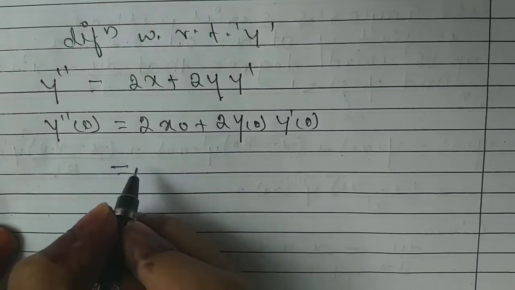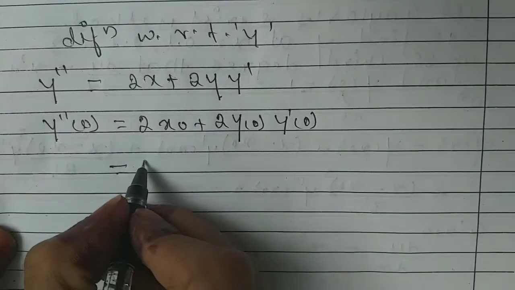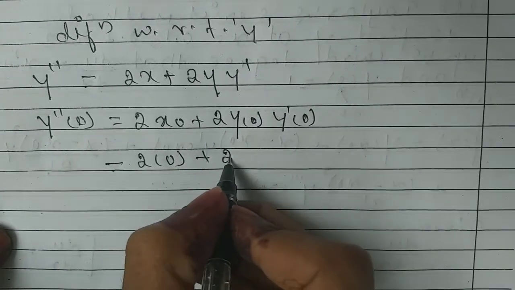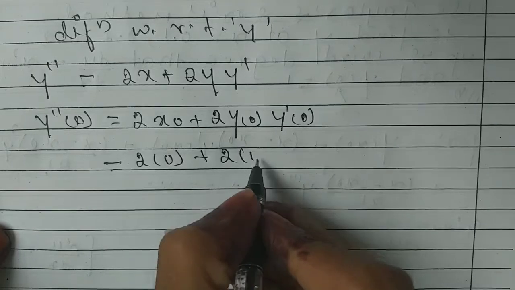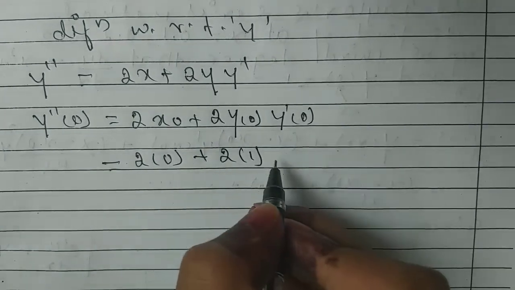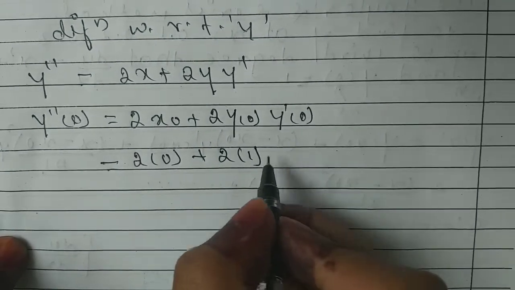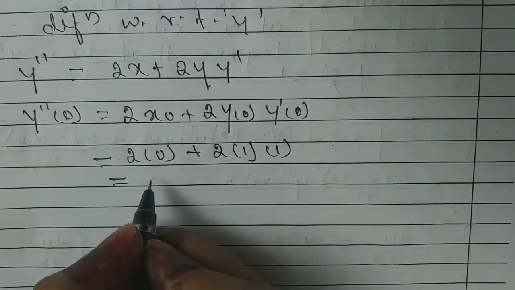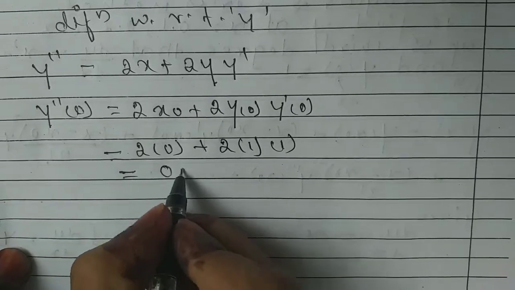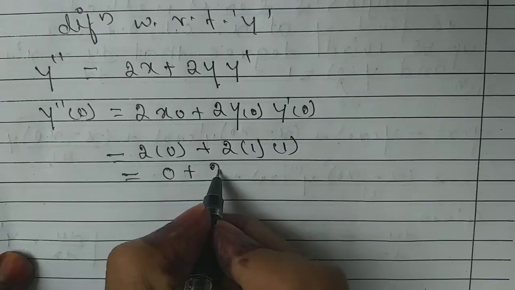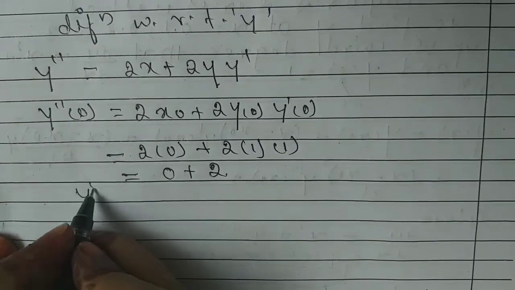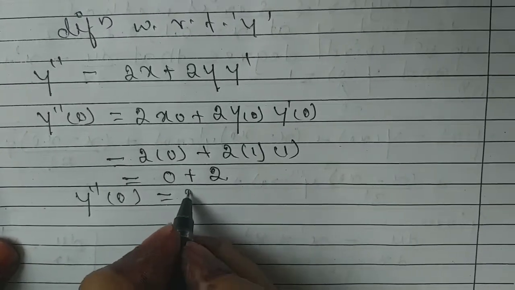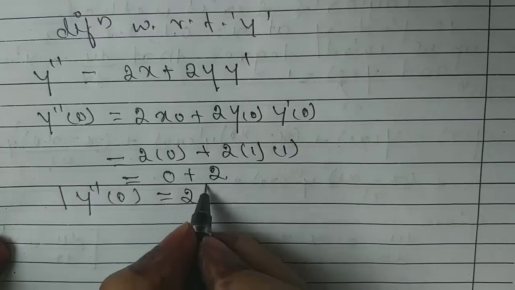We know the value of x naught is 0, and the value of y naught is 1. Already we got y dash of 0 is 1. So 2 into 0 is 0 plus 2, hence we got the value of y double dash of 0 is equal to 2.